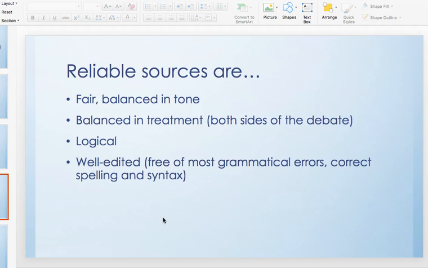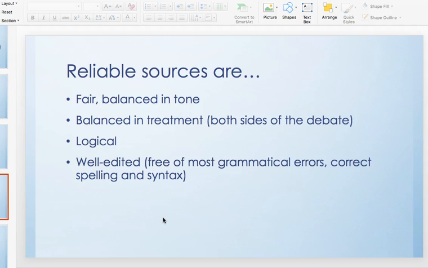Generally, the best way to tell is that they will examine both sides of the argument, but still find a way to state that one side is stronger than the other, without undermining or disrespecting the other side. So it has to be balanced in tone and balanced in treatment, which means examining both sides of the debate, not ignoring one over the other.